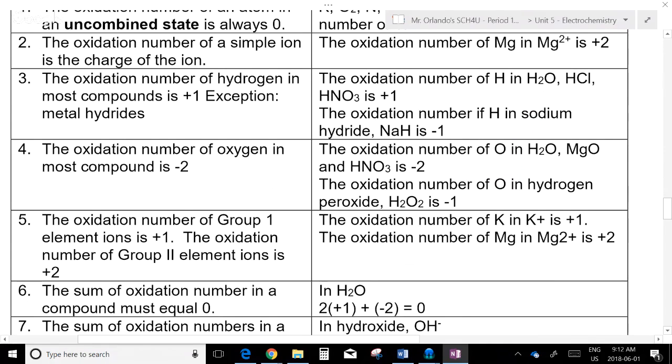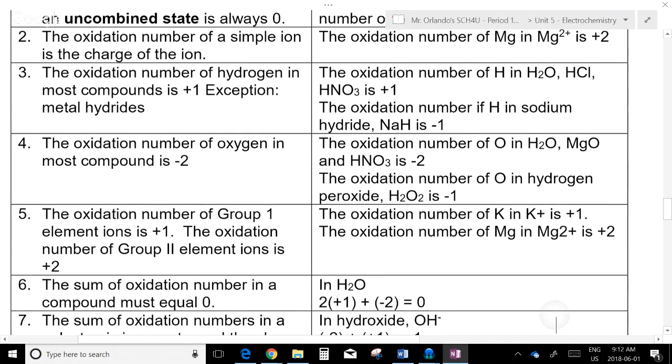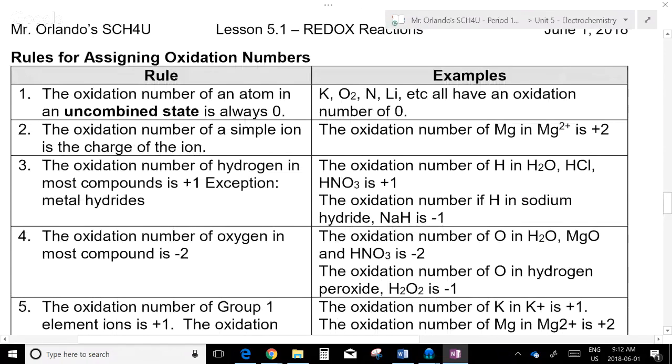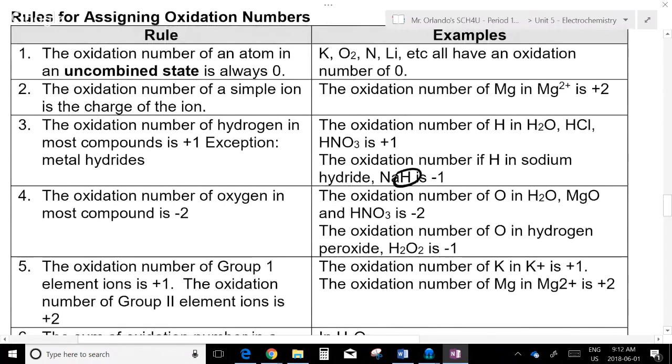In that case, you would have to know that hydrogen is counterbalancing the metal. And because we follow these rules in order, if we know that the metal has a positive charge, then hydrogen would have to be -1. You will almost never come across that. As a rule of thumb, if you see hydrogen, you can give it an oxidation number of +1. Okay?